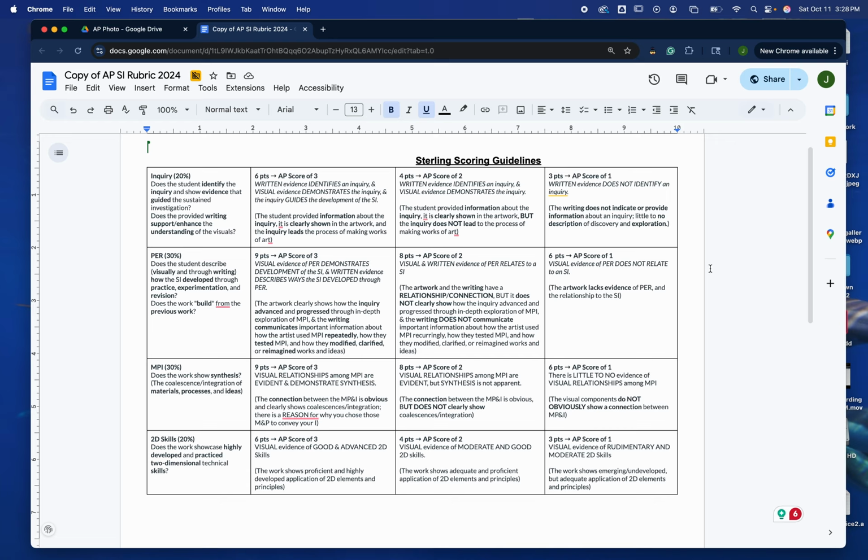The next one, practice, experimentation, and revision. This is one you can't plan, but it's a larger percentage. It's 30%. This I don't know that I need to explain too much because it's, are you experimenting? Are you succeeding? Are you failing? Equally importantly, if you are always successful each week, that's kind of not good.